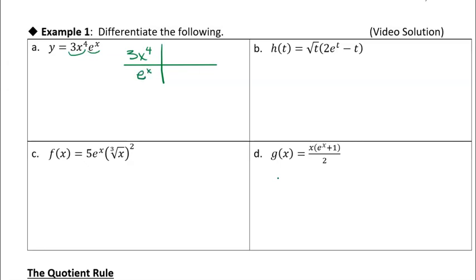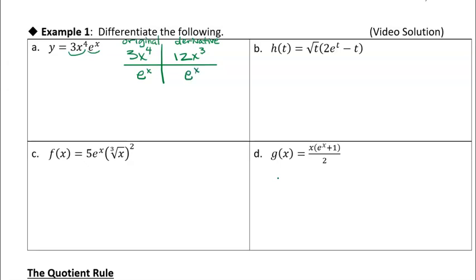These are the original functions that we have in this product. Then we're going to take the derivative of each of those, so I write derivative over here. Derivative of 3x to the fourth is 12x cubed, and the derivative of e to the x is e to the x.